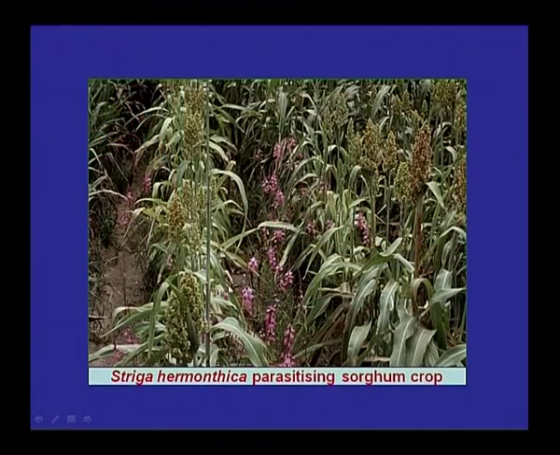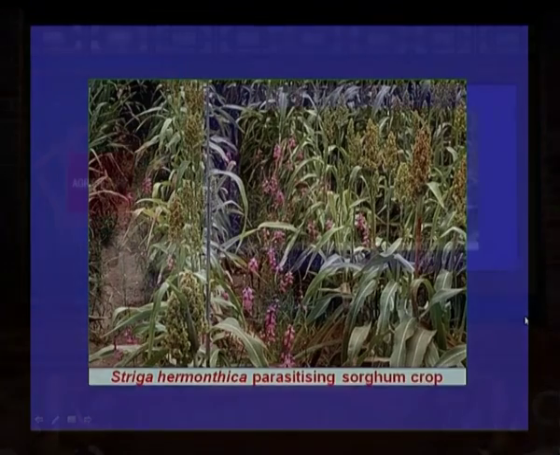They are parasitizing here the sorghum crop. You can see the pinkish color striga growing along the sorghum crops in the lines, and they are root parasites. So, they draw their nutrition from the plants and they become stunted and look pale in color.